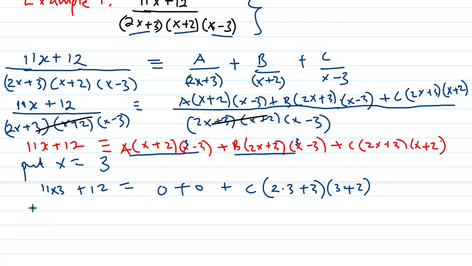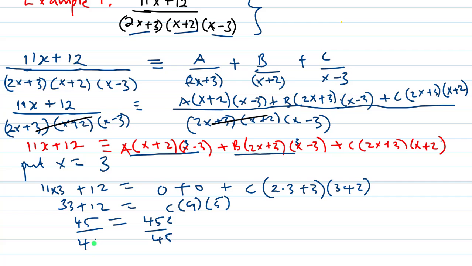So we have 45 here, that's 33 plus 12. This side we have C into 6 plus 3, that's 9 times 5. So we have 45 equals 45C. If I divide both sides by 45, cancel this out, this is 1, 1, so C equals 1.